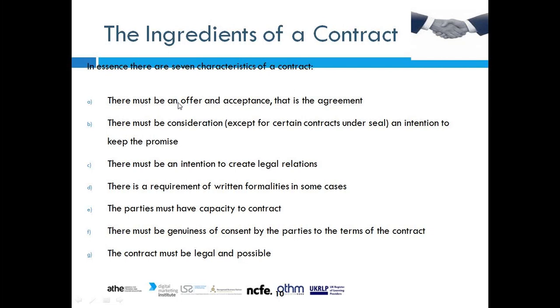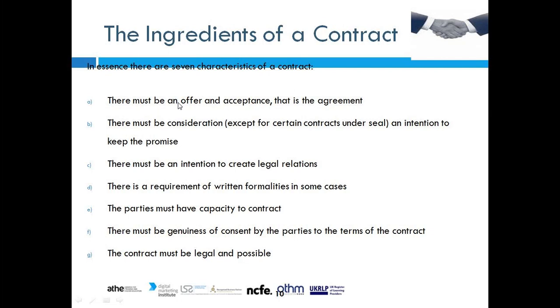If you're underage and somebody says okay, sign it, or you're disabled and don't have fully functioning mind, it won't be a contract. It can be void. So you must have the capacity to contract.